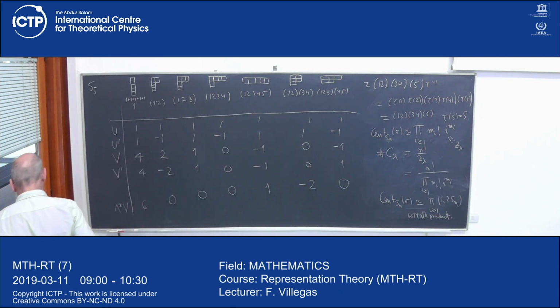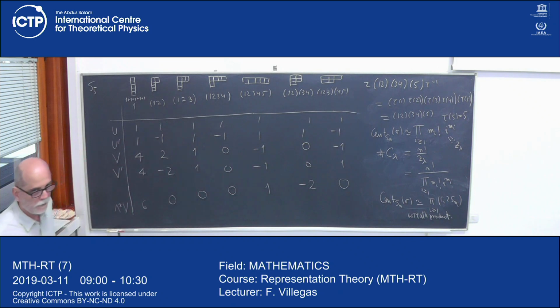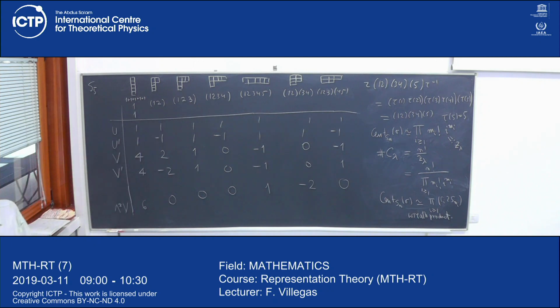Okay, so now let's go back to the case of 5 and work out what the size of the conjugacy classes are using this calculation. So the identity is always by itself.